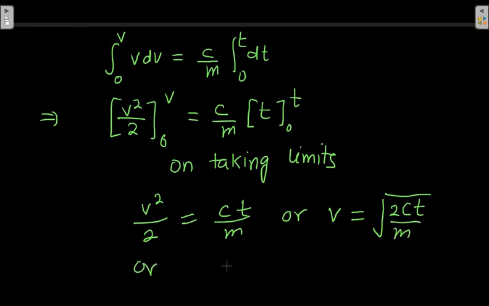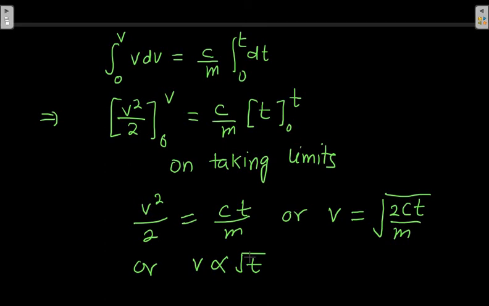Since c and m are constant, c is given constant, power is given as constant, and mass of the car is also constant, hence speed of the car v is directly proportional to the square root of the time t.